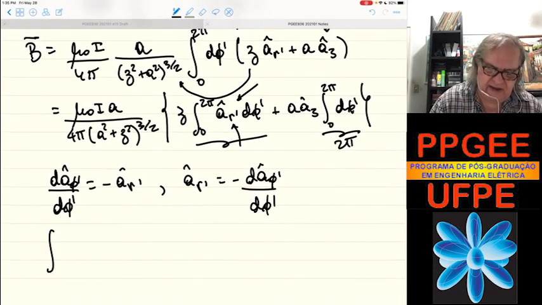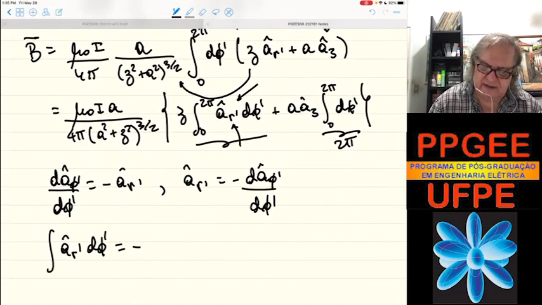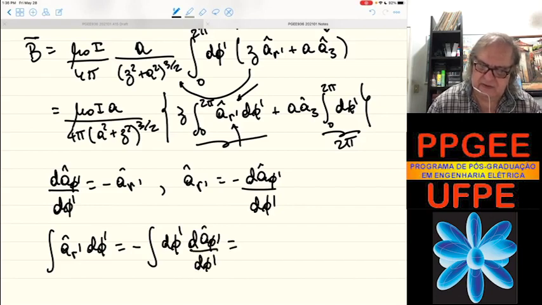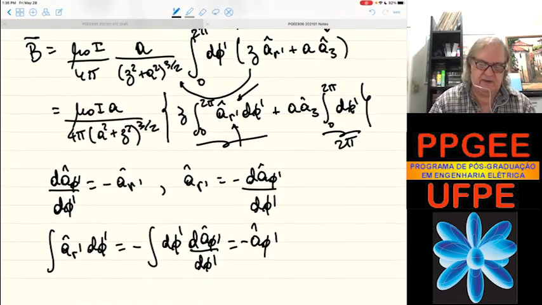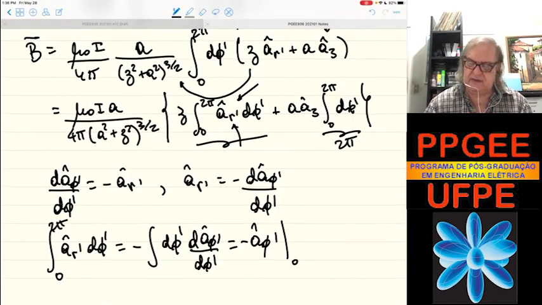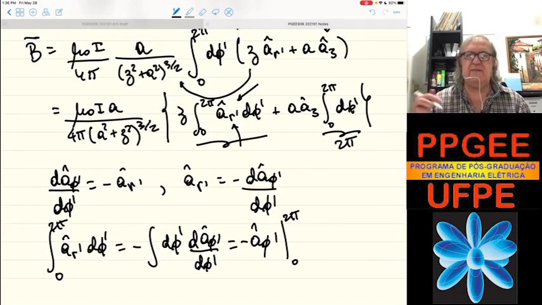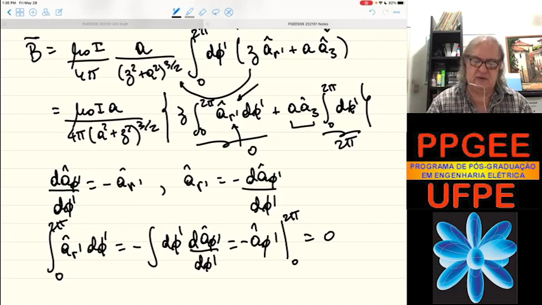So the integral of AR prime equals minus the integral of dA phi, which equals A phi between 0 and 2 pi, which is the same vector at 0 and at 2 pi, so this equals 0. So this term here is 0. We only have that one, so we're going to have a square of A here, and a direction AZ.